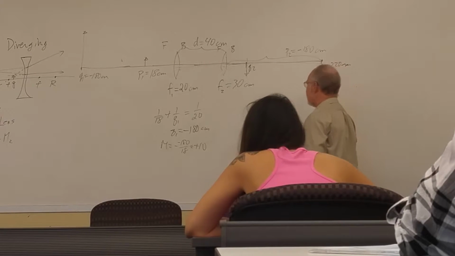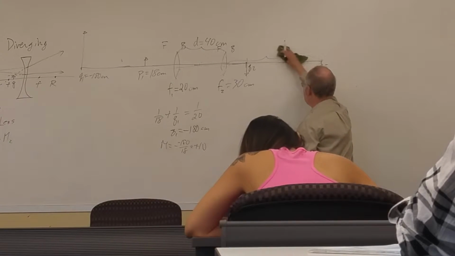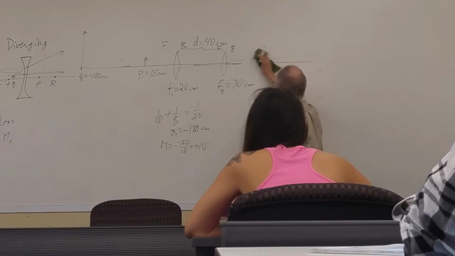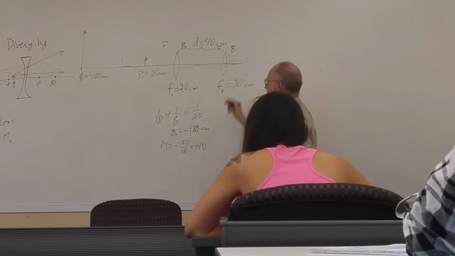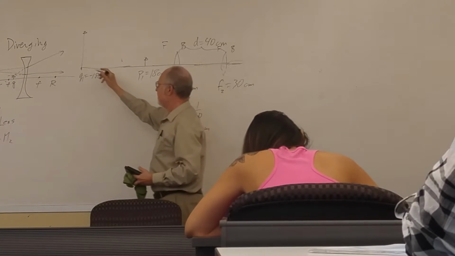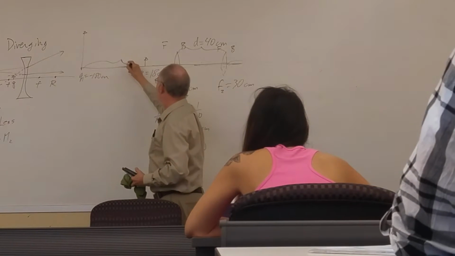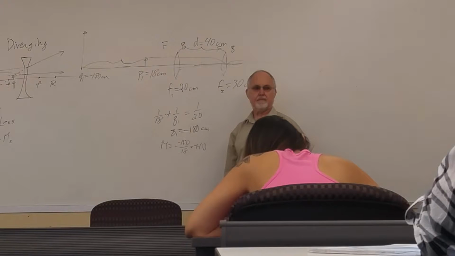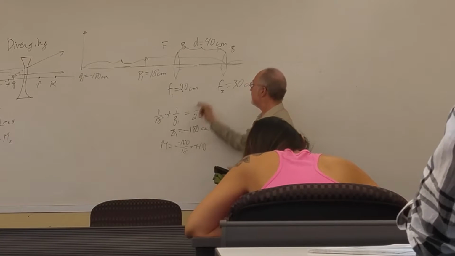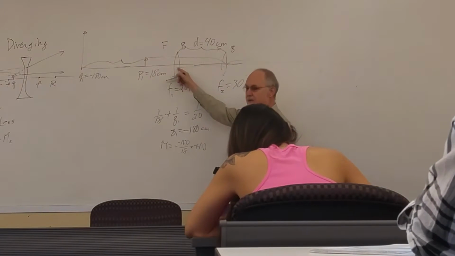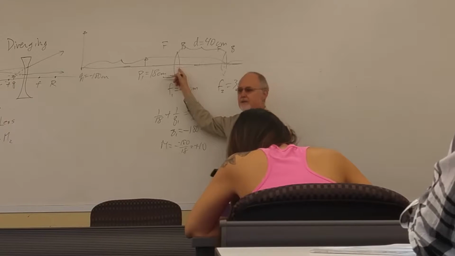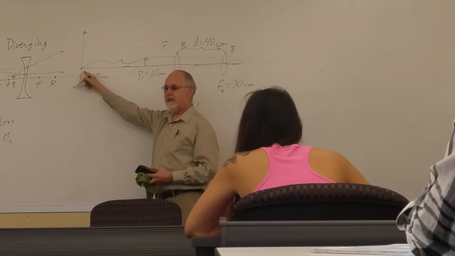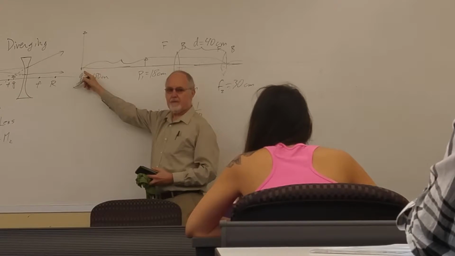Well, for the second lens, that's still on the front side of the second lens. But how far is it from this first image over here to the second lens? From the second lens, I go 40 this way to get to the first lens, and then 180 to get to this first image.